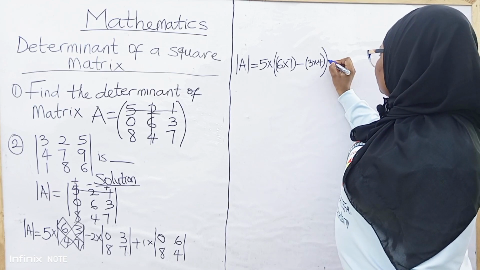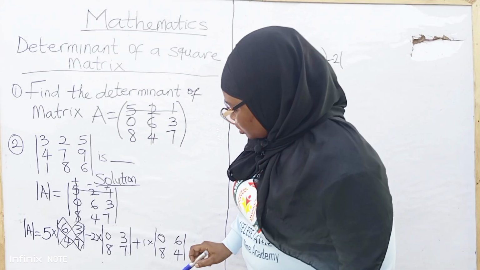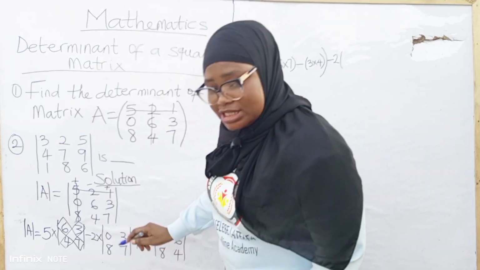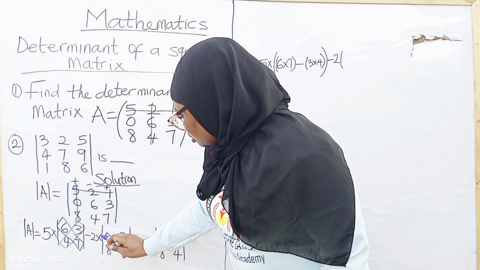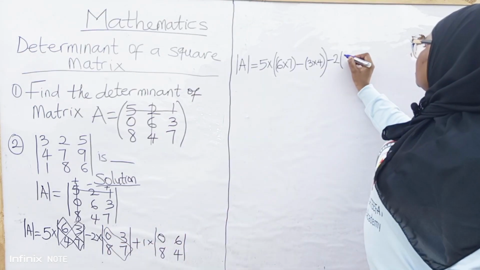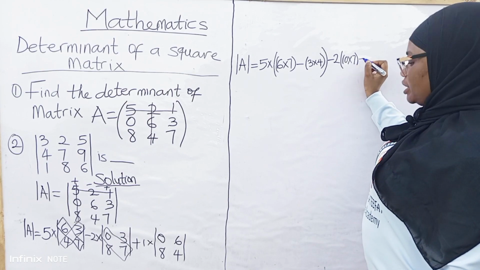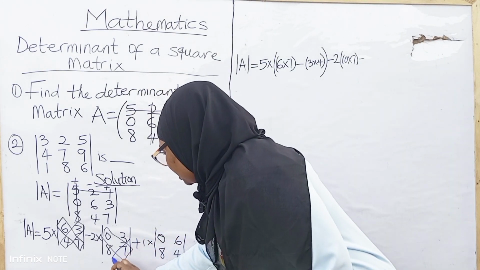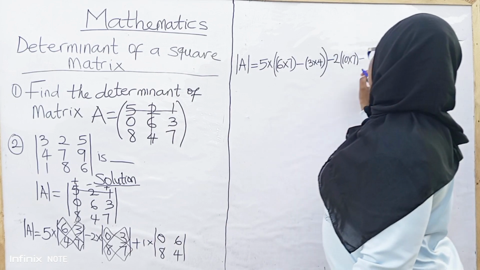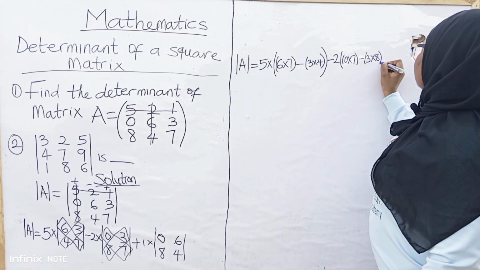So minus 2. You are doing the same thing for that one as well, finding the determinant. The determinant of the 2 by 2 here will be 0 multiplied by 7 minus 3 multiplied by 8.